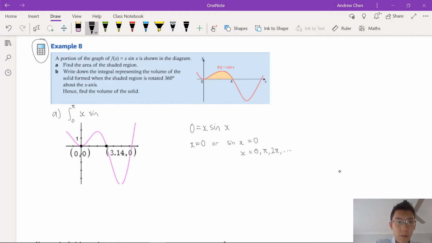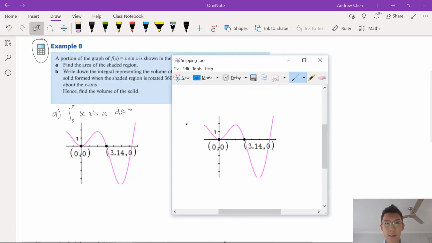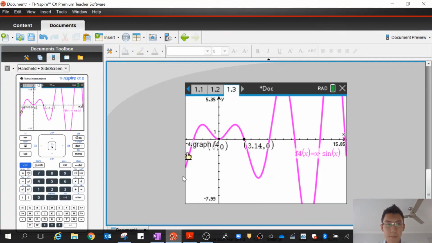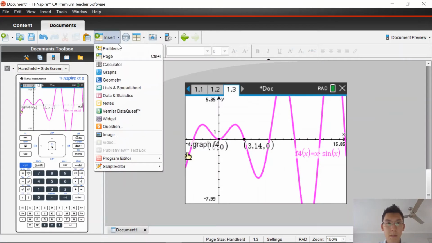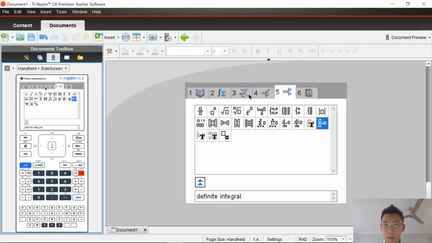under the graph of x sine x with respect to x, and then that integral we can just figure out on the calculator. So let's do that. So we want the integral, where's the integral? Here.